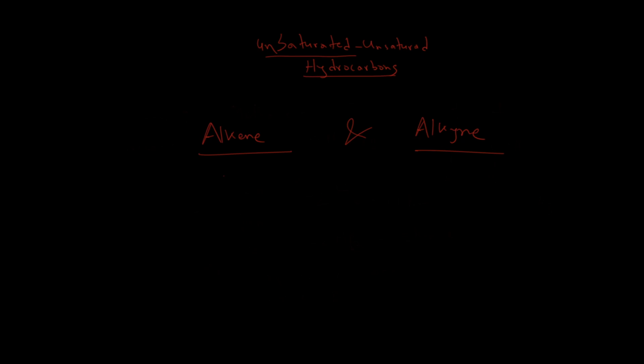Alkene contains hydrocarbons which have a carbon-carbon double bond, and alkyne has hydrocarbons which have a carbon-carbon triple bond. The first member of alkene is ethene. You take the root name and then add ene for alkene, and you take the root name and then add yne for alkyne, that is ethyne, then propyne.